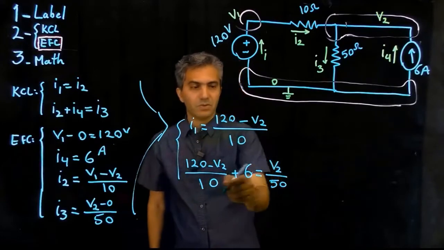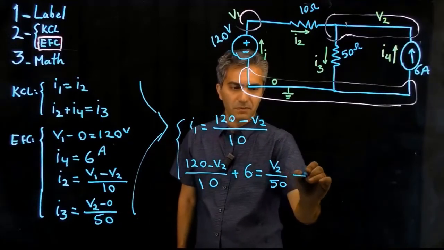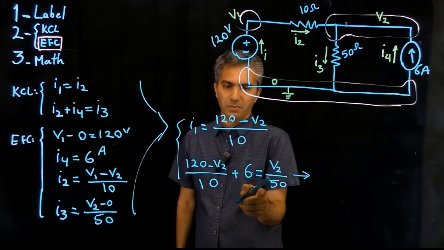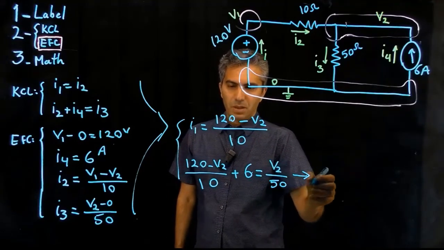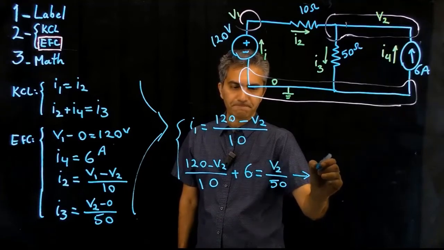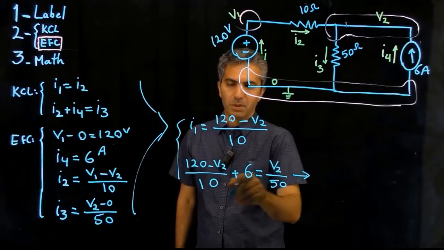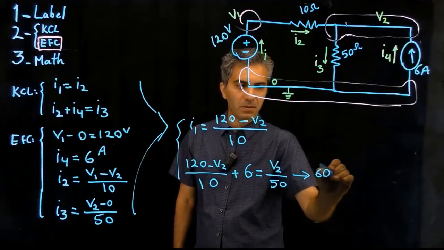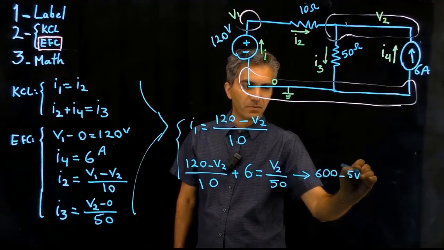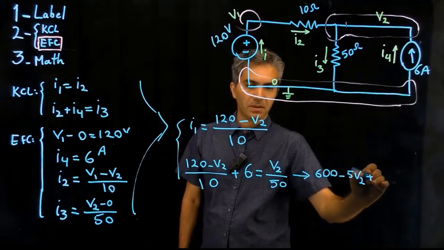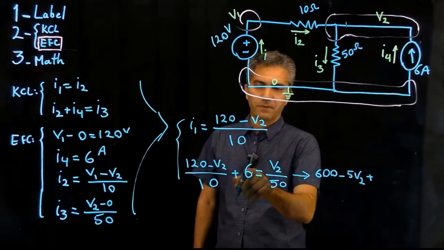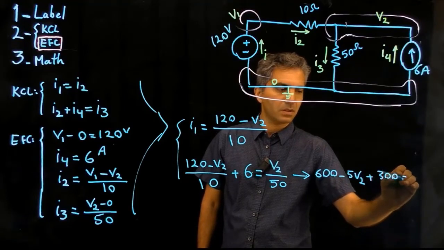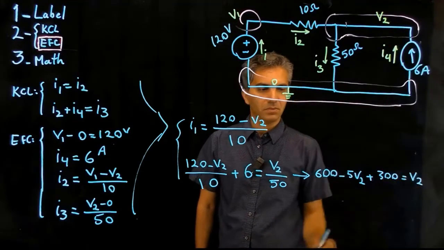So from these 2 equations, I can actually calculate everything there is to be known. So manipulate this around. I'm going to multiply both sides by 50. That would be 600 minus 5 times V2 plus 50 times 6, which is 300, is equal to V2.